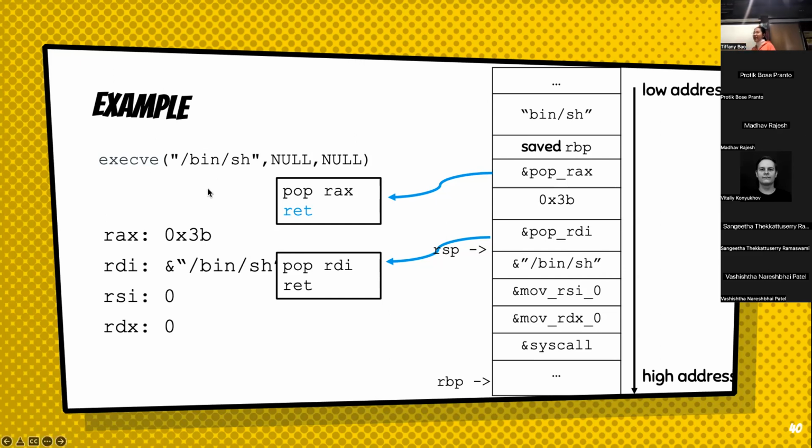That's perfectly fine. However, sometimes you will find that some gadgets overwrite a register that you already assigned a value to. And you want to be flexible. You want to move the gadgets around so that by the time the last gadget is finished, you got everything correct.